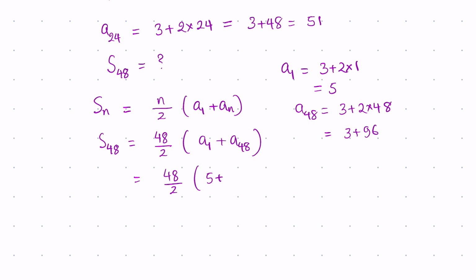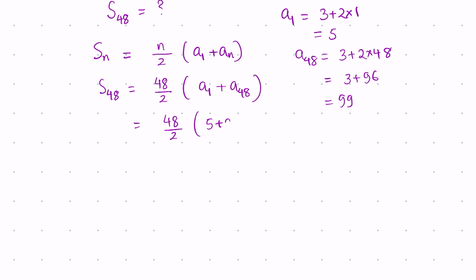Okay, so that gives us what? That gives us 99. Okay, so this is 99. That's nothing but 24 times 5 plus 99 is 104. So that's equal to 2496. Okay, so that's our answer for the first part.